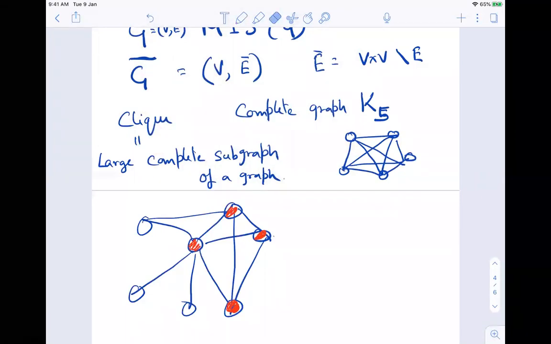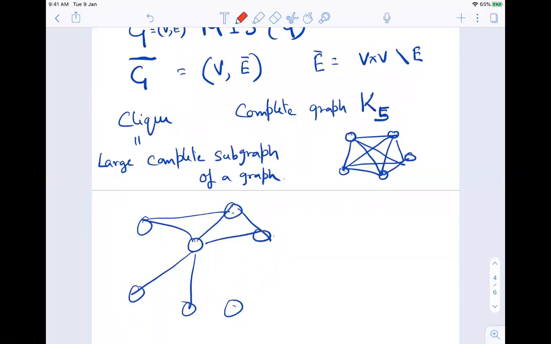You can also have something slightly smaller, for example these 3 vertices also form a clique of size 3, right?